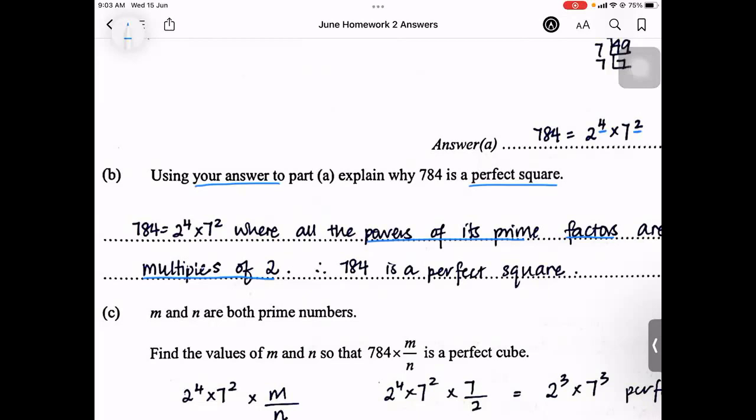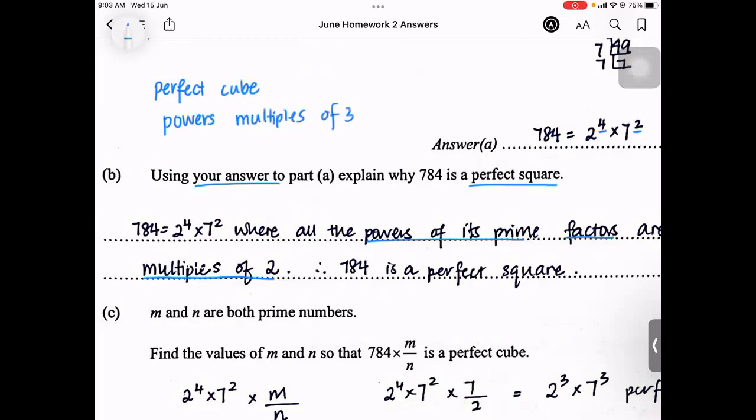Okay, to add on to this, how do we explain if it's going to be a perfect cube? If it's going to be a perfect cube, then we'll explain that all the powers of the prime factors are multiples of 3.